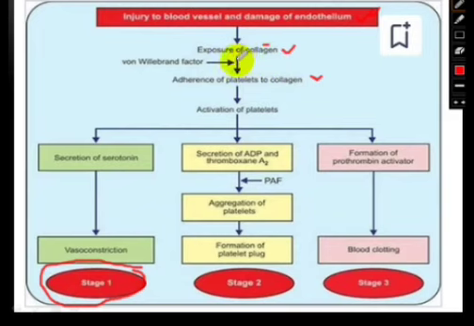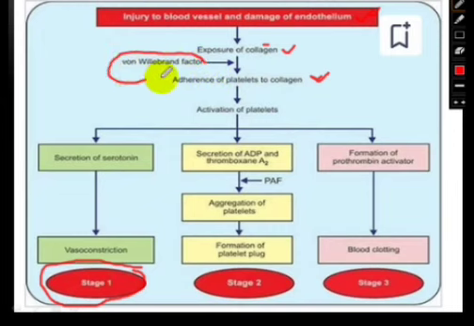Platelets will then adhere to the exposed collagen. I told you one of the properties of platelets is to adhere. So whenever there is damage to a blood vessel or a tissue and the collagen is exposed, platelets attach themselves to that exposed collagen.